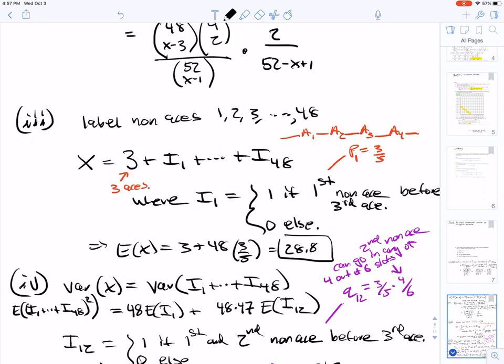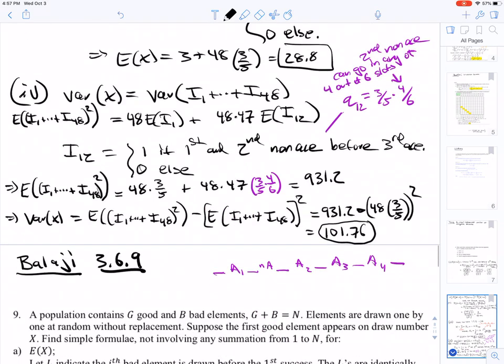You can just think of it that there are 5 relevant cards here: your 4 aces and your single non-ace. It's equally likely that that non-ace is before the first ace, between the first and second ace, and so on. There are 5 slots that it can be in. So the probability that your non-ace is before A3 is 3 out of 5.